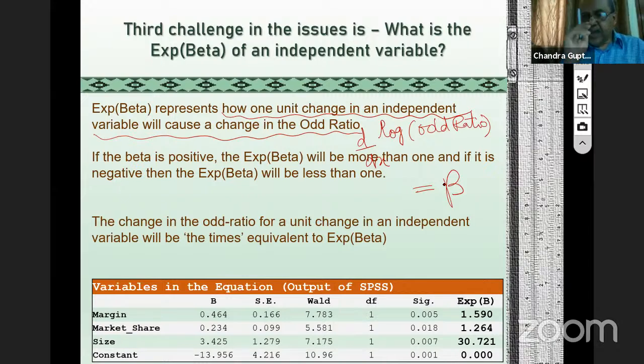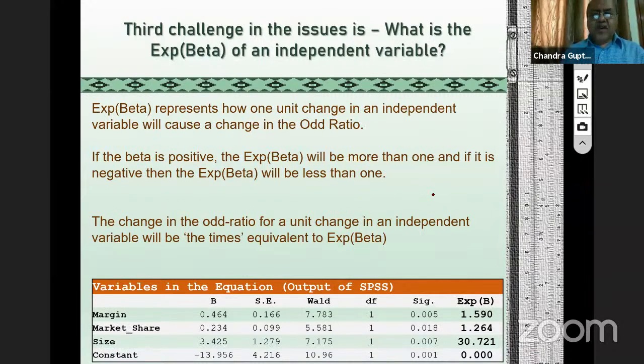And if you take antilog of it, you get the change in odd ratio for a change in x, that will be e to the power beta. So the exponent of the beta, e to the power beta, will represent one unit change in an independent variable will cause a change in the odd ratio.